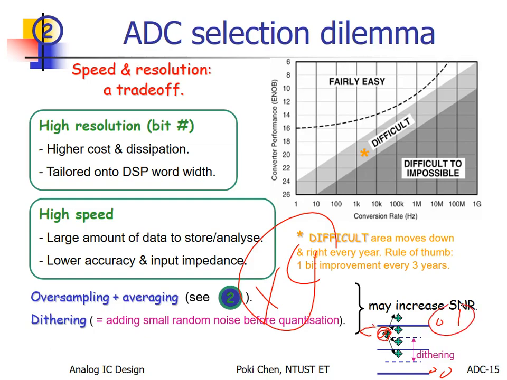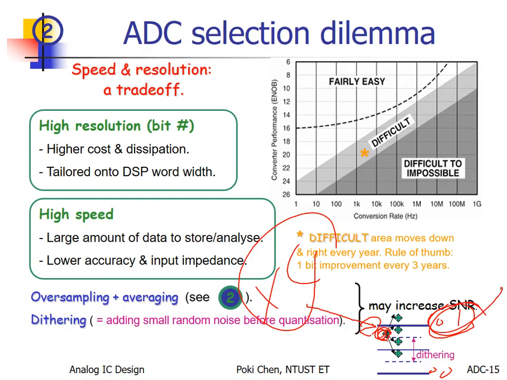So for 4 times oversampling, what is the result? Because you are here, the 4 results will be exactly the same because it is closest to this level. So never mind 4 times, 100 times, I don't care.